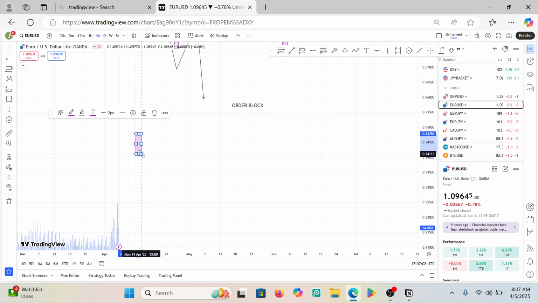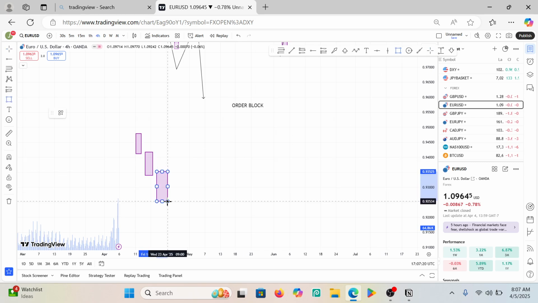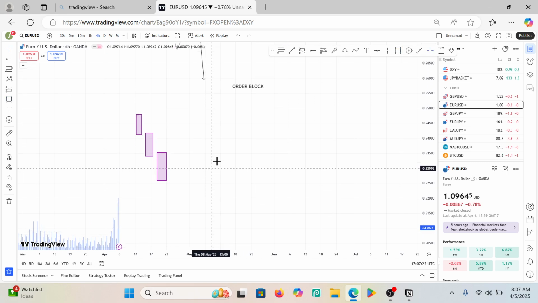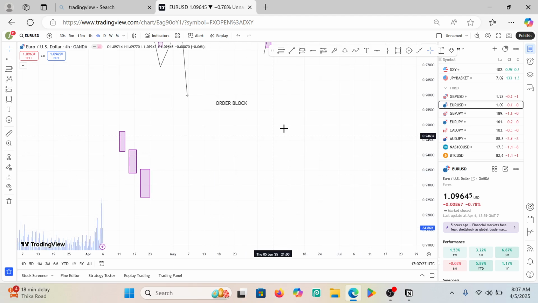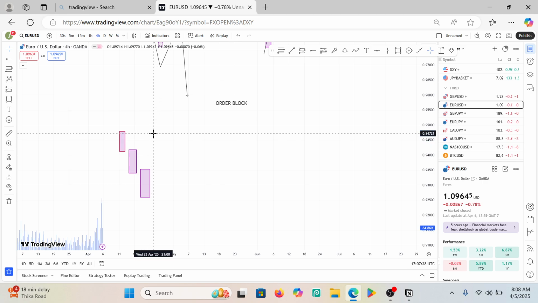The market was recently on a downtrend. Let's change the color of this candle to red. You can leave it like that.